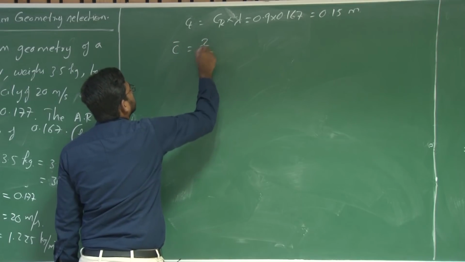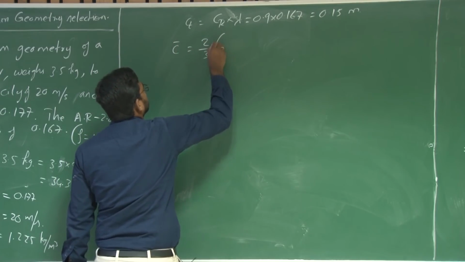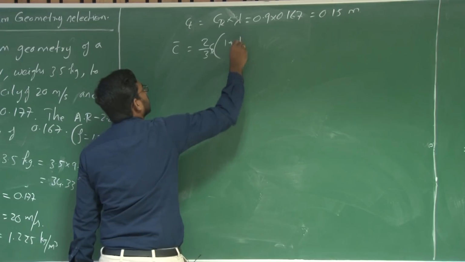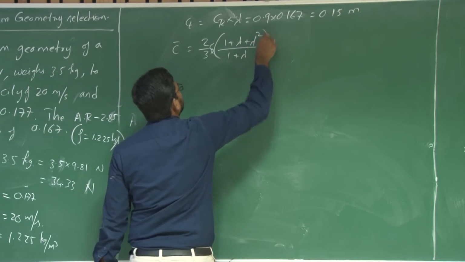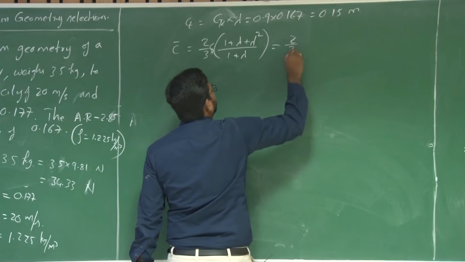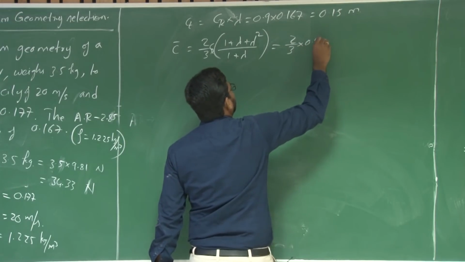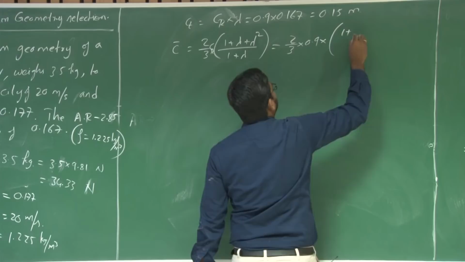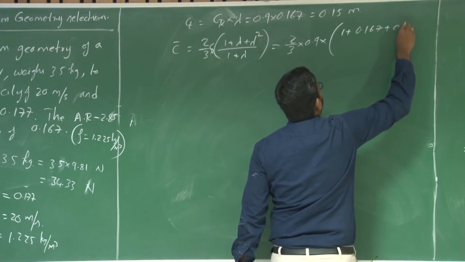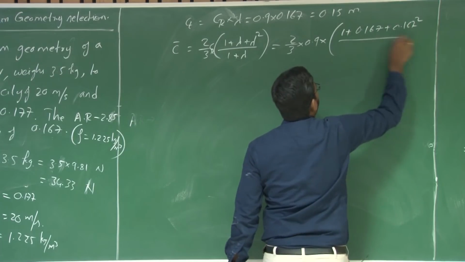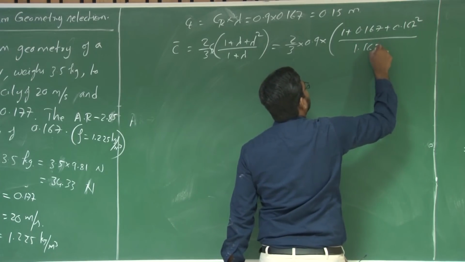C bar is 2/3 Cr into 1 plus lambda plus lambda square divided by 1 plus lambda, which is 2/3 Cr times 1 plus 0.167 plus 0.167 square divided by 1.167.